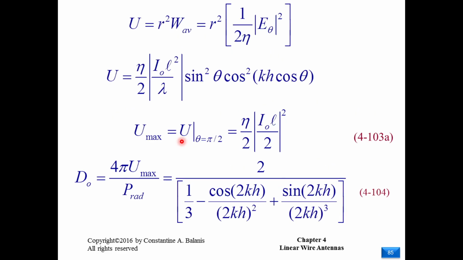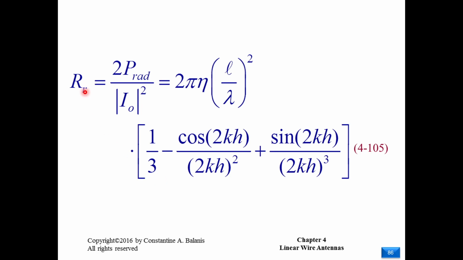Just giving the expressions and calculating the power intensity. The directivity would have this expression here, and the radiation resistance would have this expression, which is 2 times the radiated power over I naught square.